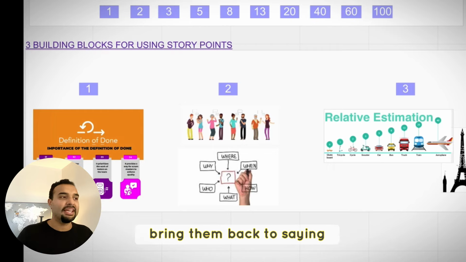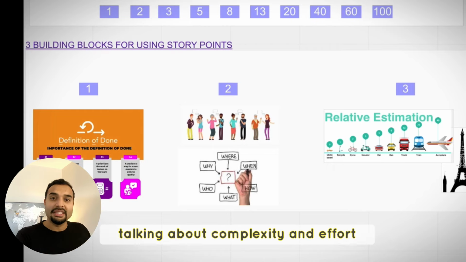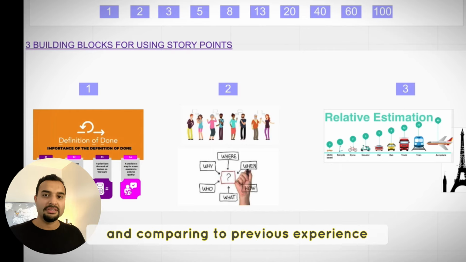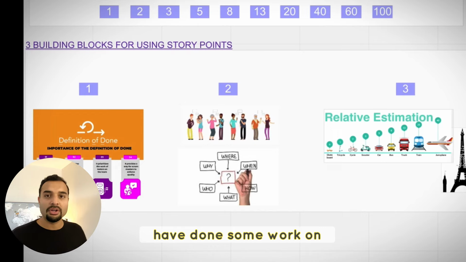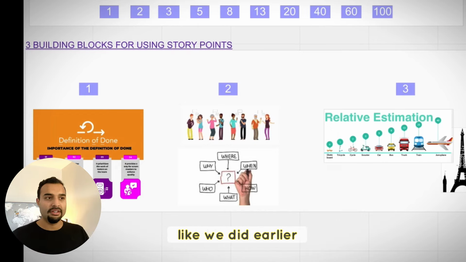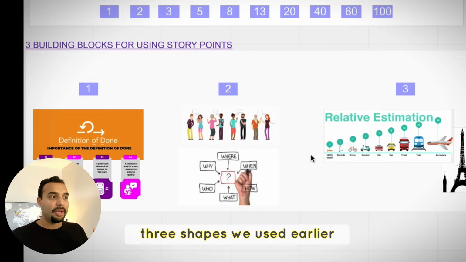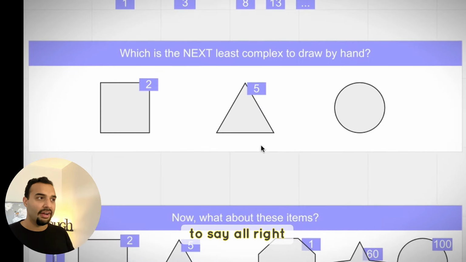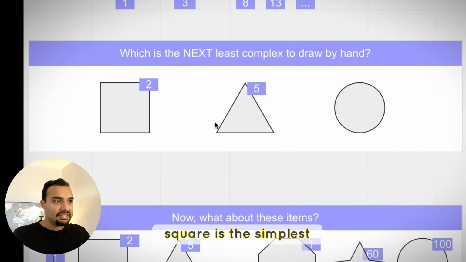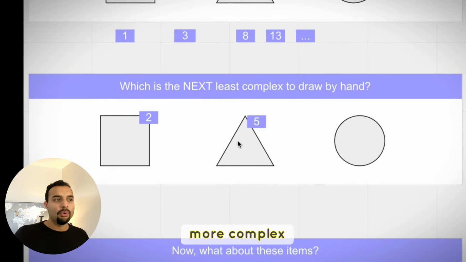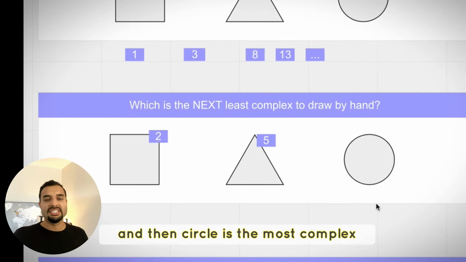Bring them back to talking about complexity and effort, how much more or less, and comparing to previous experience that they as a team have done some work on, or something they've established as a baseline, like we did earlier. The three shapes we used earlier established a baseline: square is the simplest of the three images in front of us, triangle is the next more complex, and circle is the most complex.